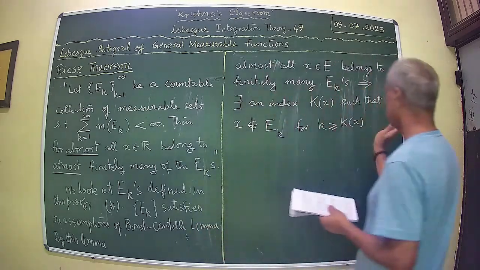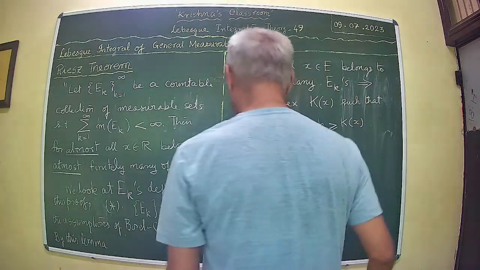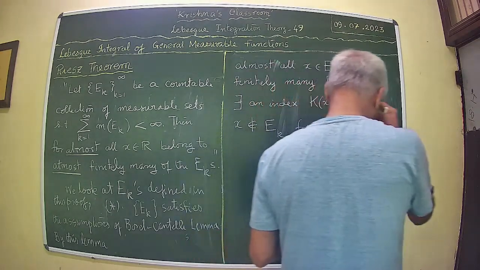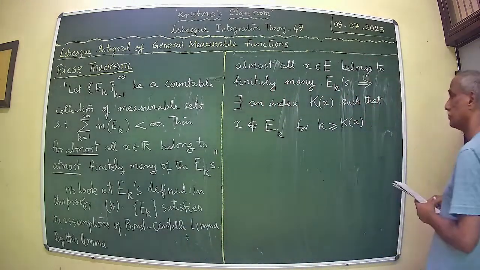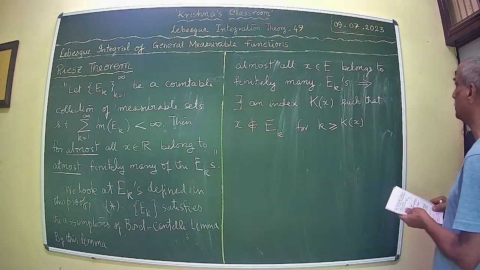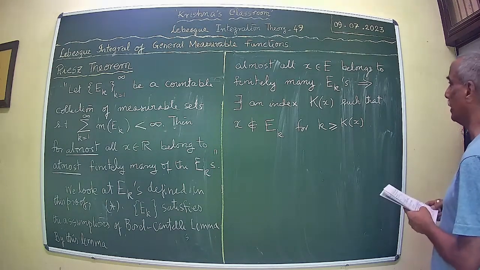So almost all x belonging to E belong to finitely many Ek's.